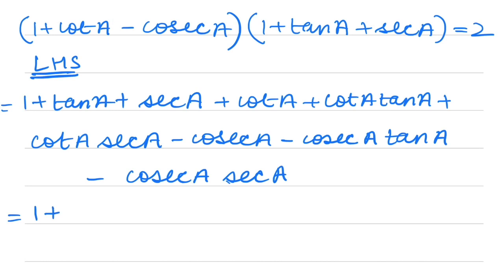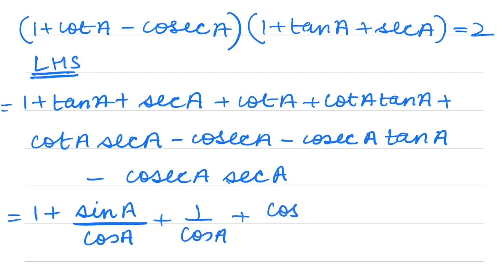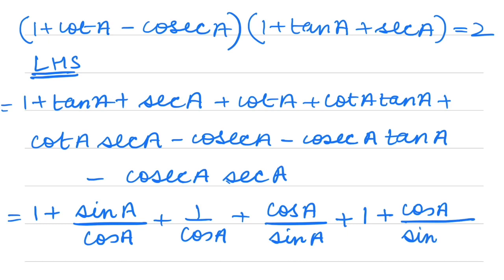So 1 plus tan a is sin a by cos a, sec a is 1 by cos a, plus cos a by sin a, and cot a into tan a becomes 1, so plus 1, plus cot a is cos a by sin a multiplied by sec a, so sec is 1 by cos, so multiplied by 1 by cos a.